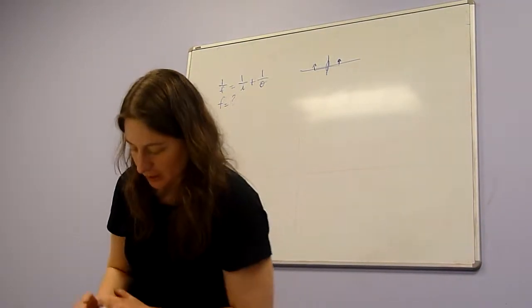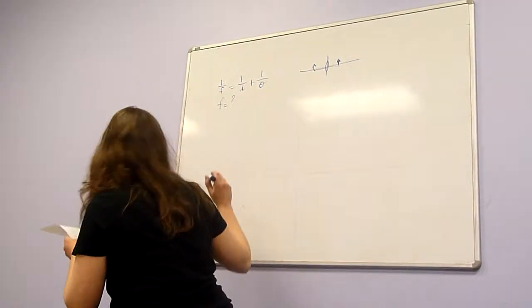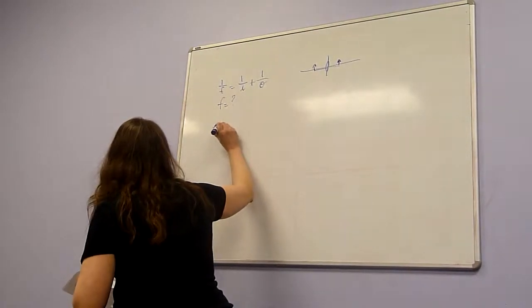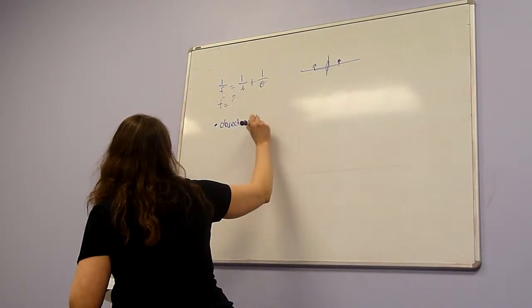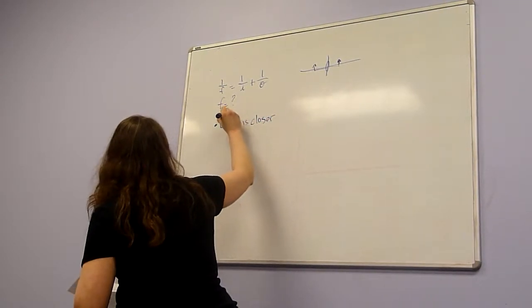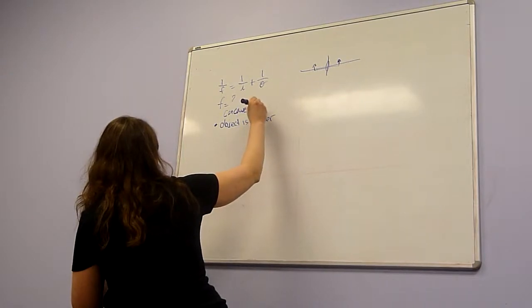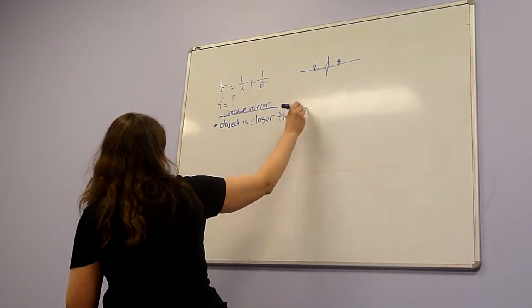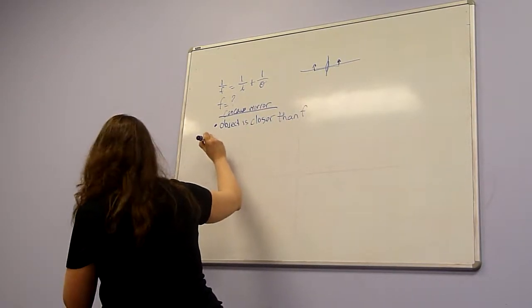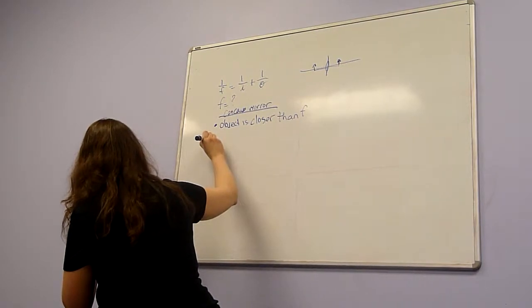Let's see. So here's what I know about a concave mirror. If the object is closer than the focal length, it is upright.